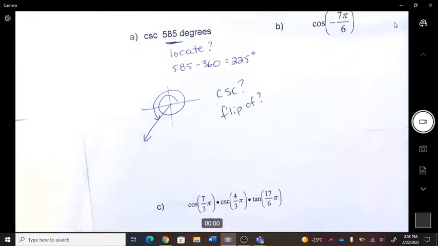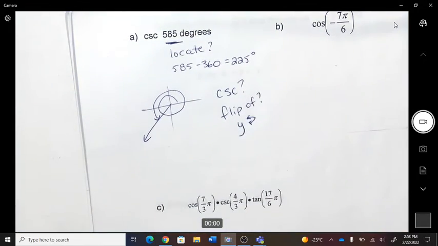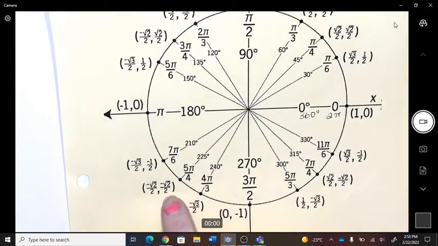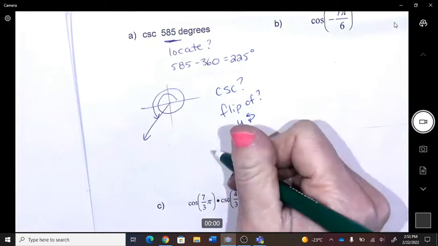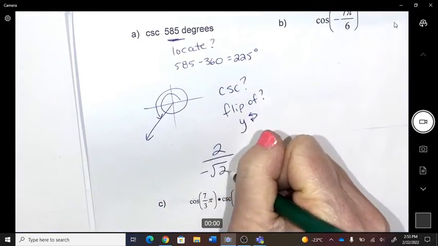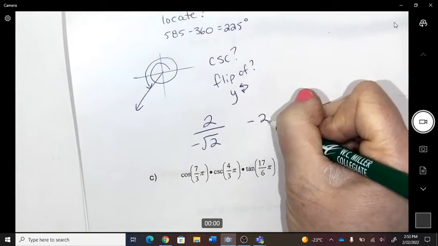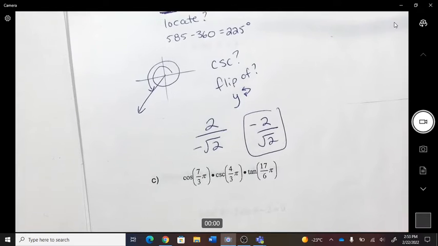So I'm going to go find the y, and I'm going to flip it around. That's what you're going to do there. So here's where I'm looking, 225. Here's the y. Some of you might just write it like that, and I'm fine. And some of you might change it, just the negative sign, whatever. I'm okay.